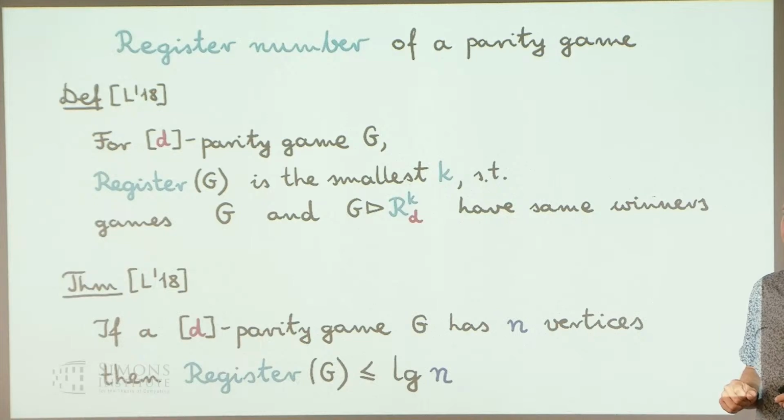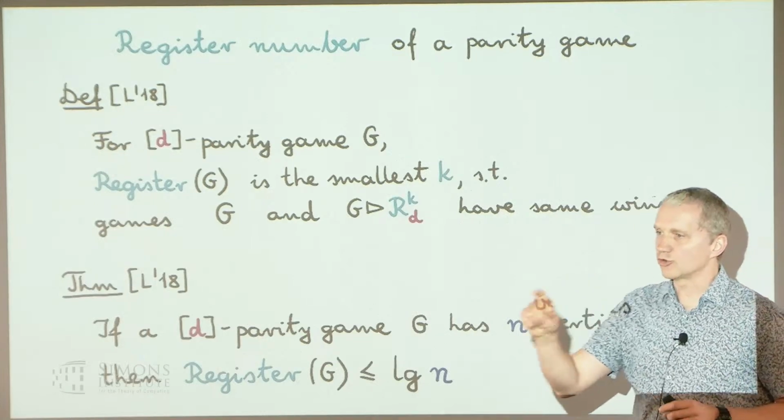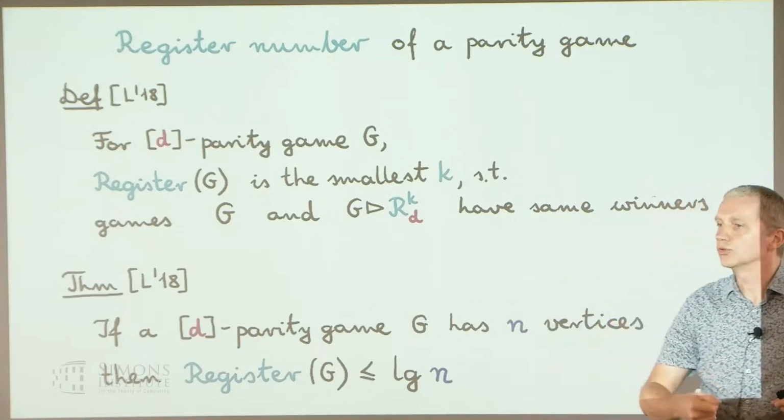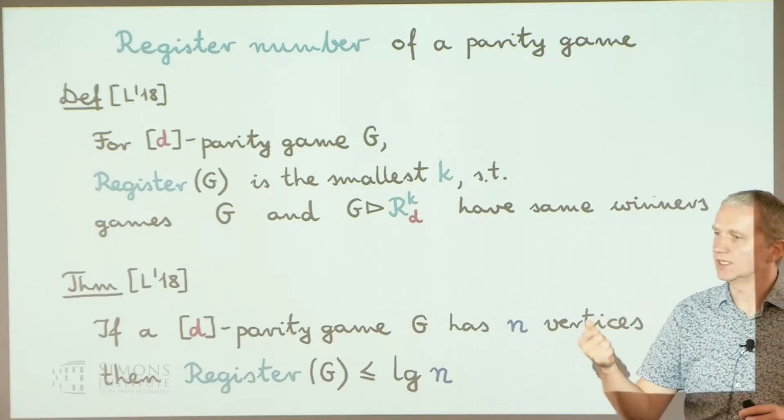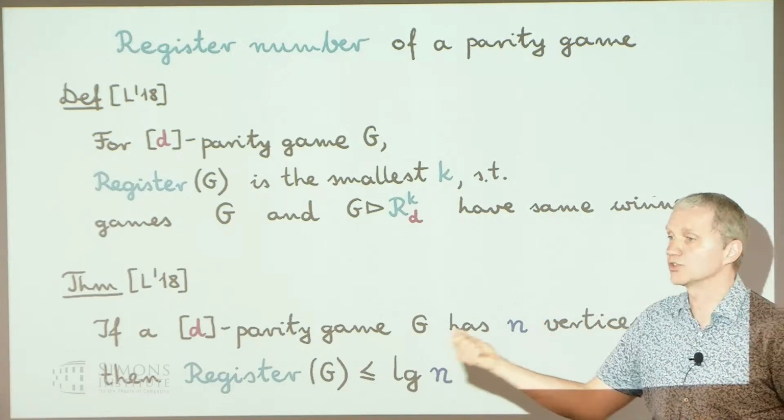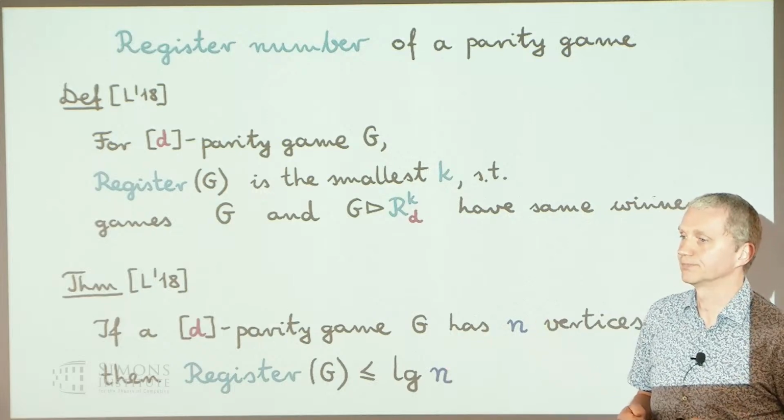Where is the control? The control is given to the player who we want to win. So the control is in the hands of the player who wants to win the game.